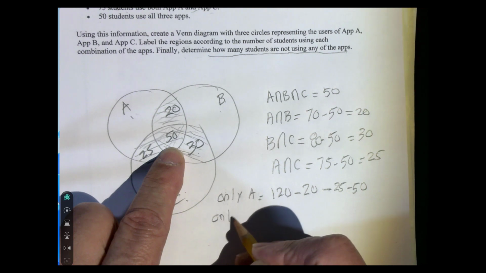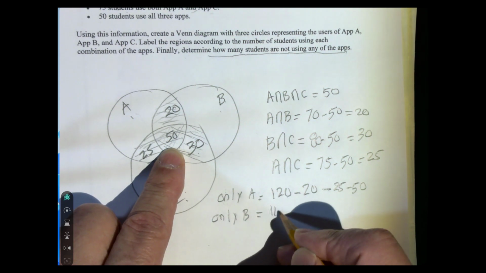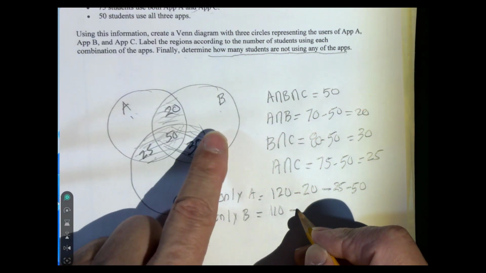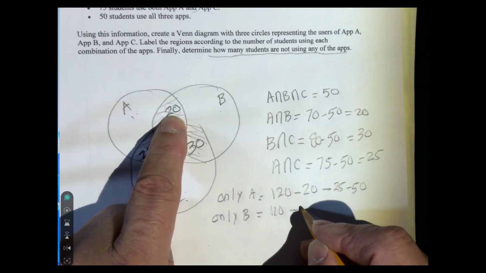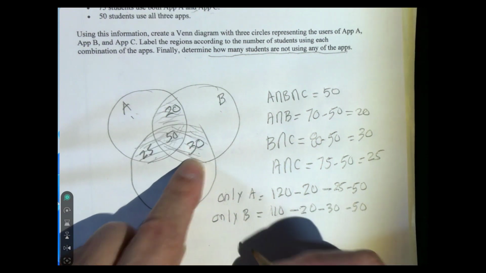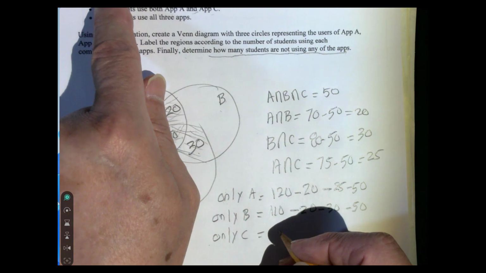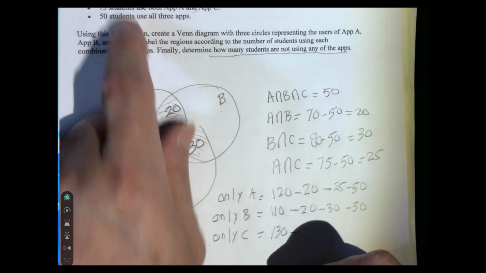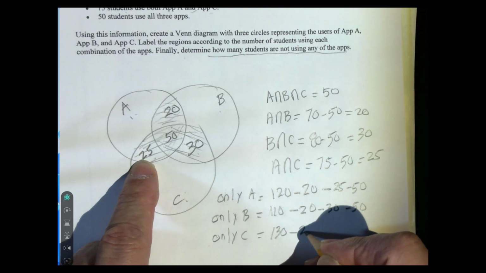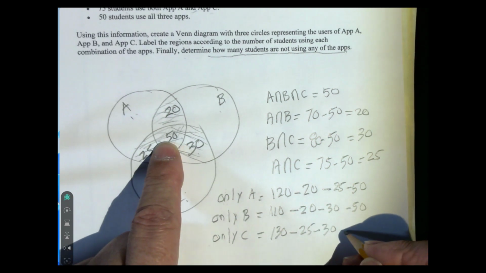Only B will be the 110 minus this 20, minus 30, minus 50. Only C will be 130 minus the 25, and minus this 30, and minus 50.